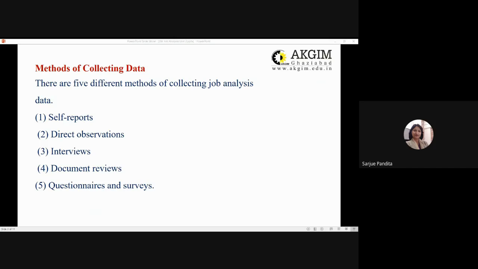Subject matter experts, or SMEs, are those individuals other than employees who have knowledge about the job being analyzed, such as former employees, managers with oversight of the job, academic specialists, and anyone in the organization who has specialized knowledge of the job in question. That means you can have this individual interview either from a person who is actually performing that job, or from the SMEs, who are subject matter experts in that particular job.